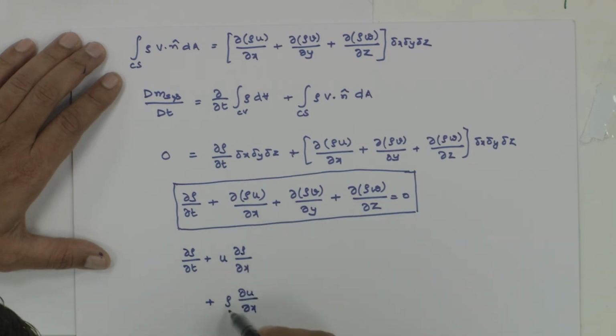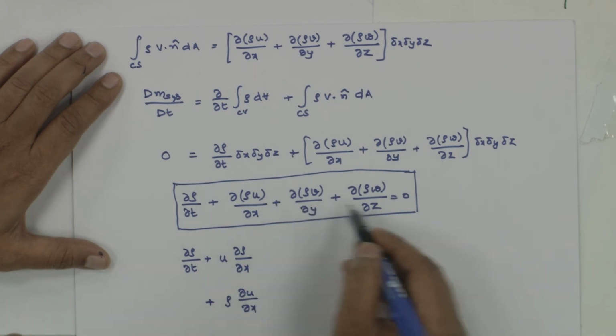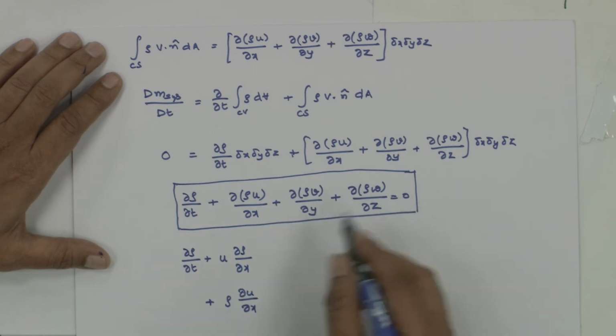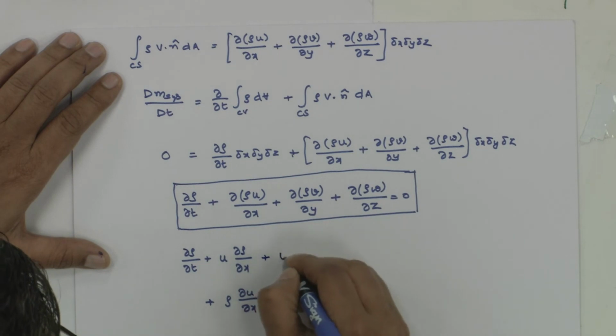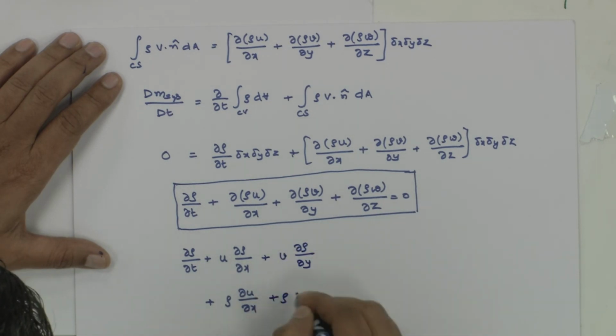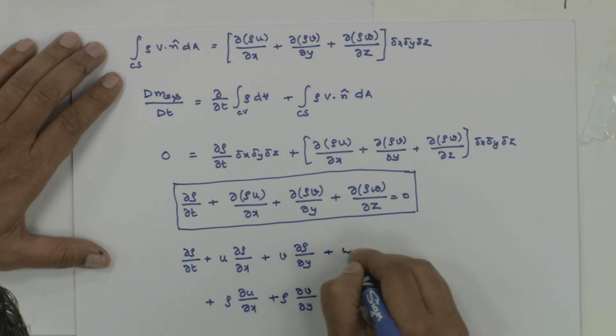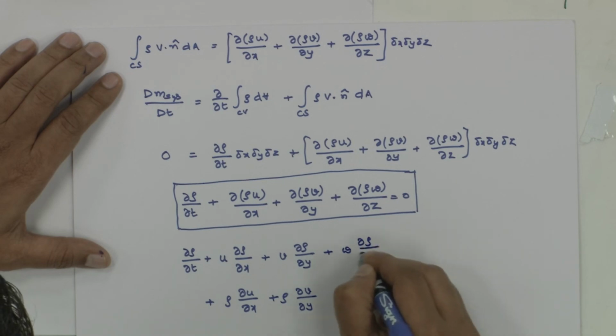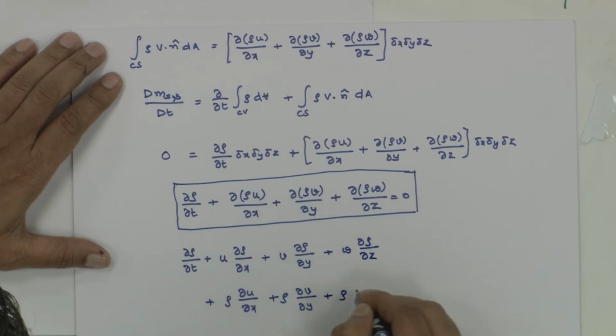Now here I have kept rho constant and differentiated u. Let us do this for the next two terms, that is v del rho by del y plus rho del v by del y plus w del rho by del z plus rho del w by del z is equal to 0.